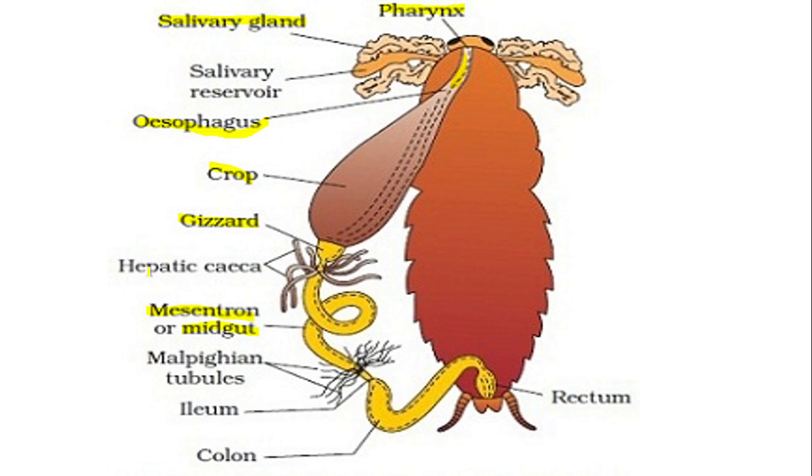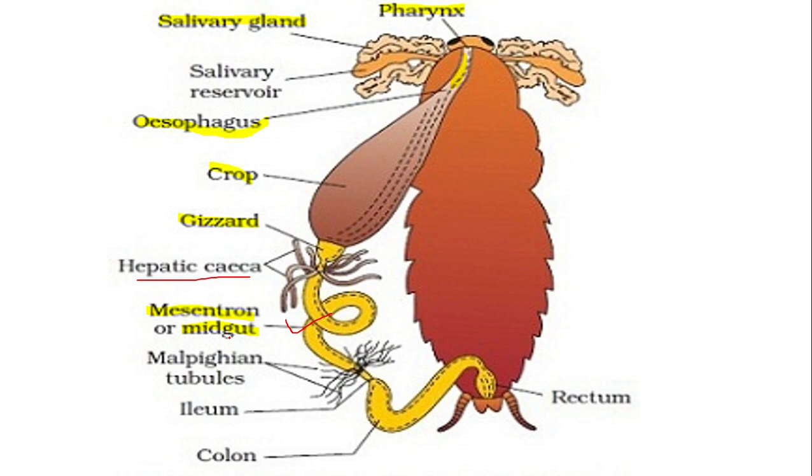You can see that this portion is the midgut, and several small hair-like structures are associated with it, that are called hepatic caeca, or gastric caeca. There are a total of 6 pairs, means 12 hepatic caeca, associated with the midgut.